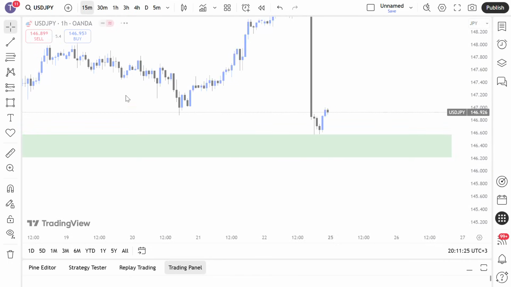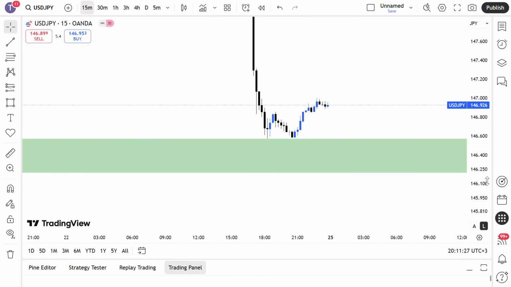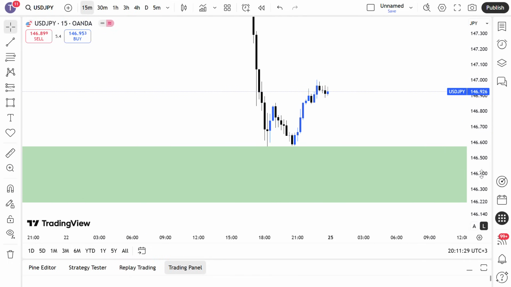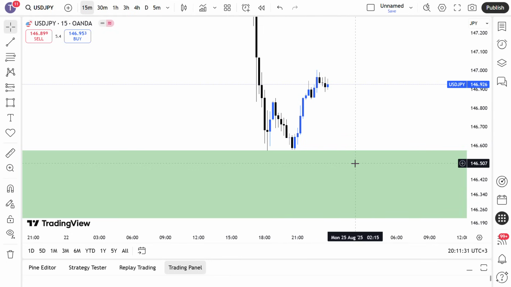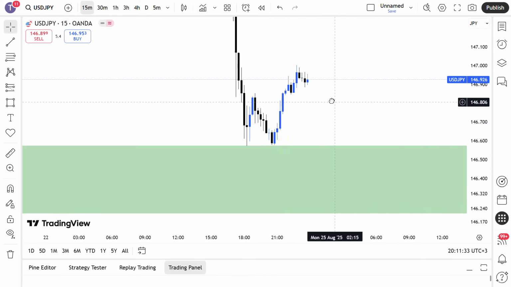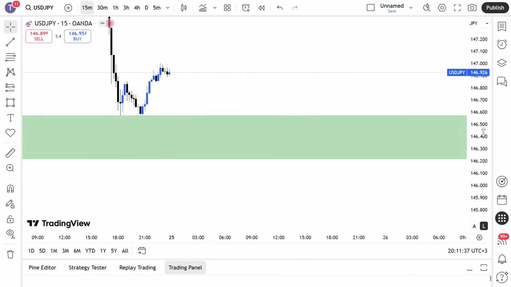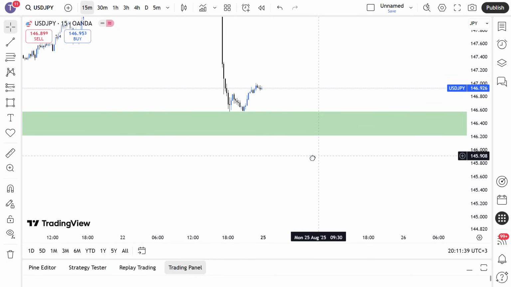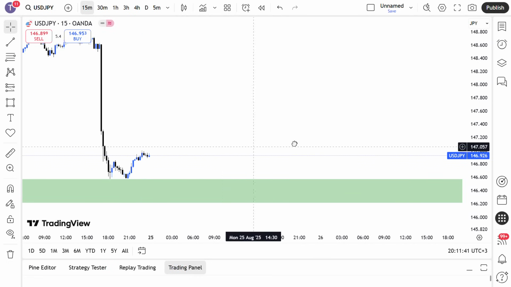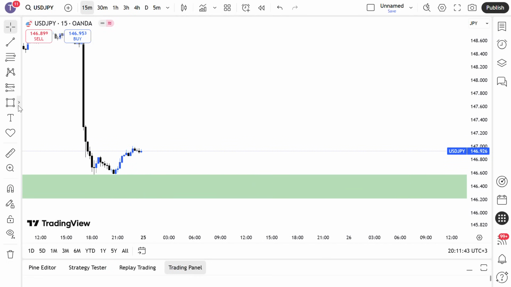So what we will be expecting the market to do, I expect the market to come back down and form a very good change of character, and the entry model that I want to see in this kind of area, I want to see something like this. Let me sketch something that I want to see in this scenario.